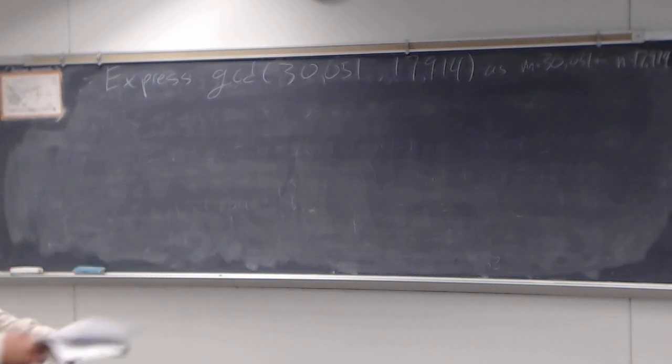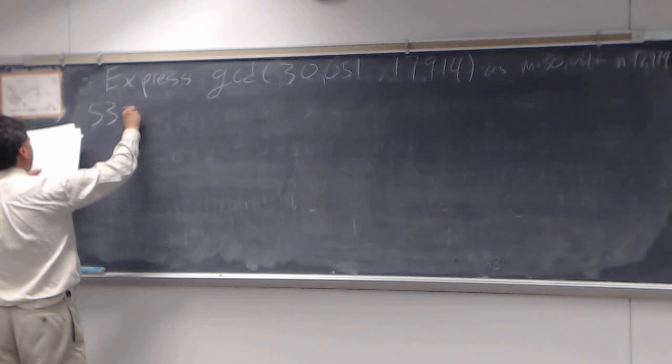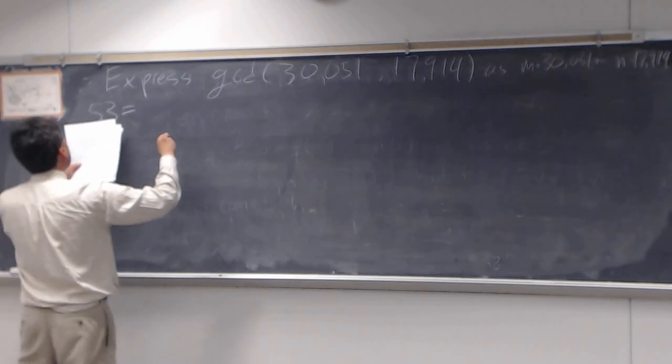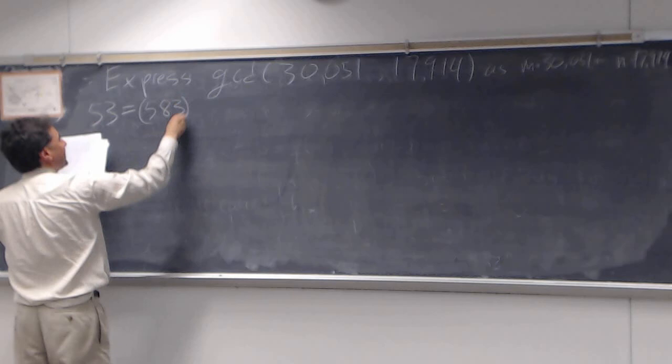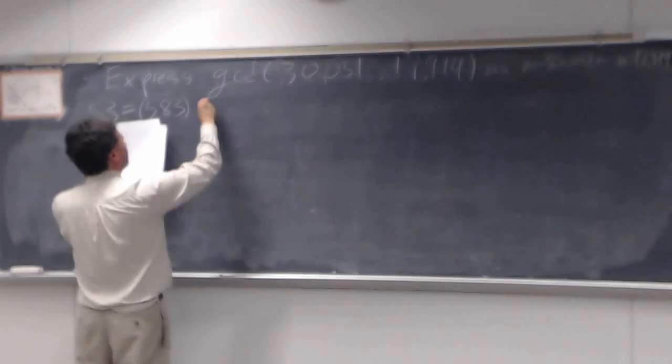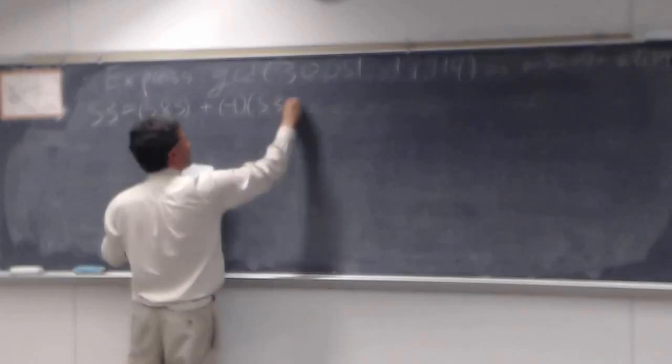From that last equation, 583 equals 1 times 530 plus 53, we solve for 53. So 53 is equal to 583 plus a negative 1 times 530, bringing that over to the other side.